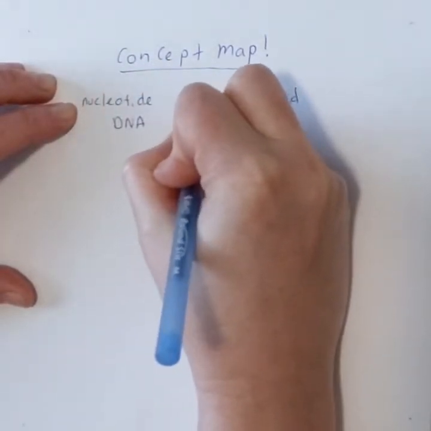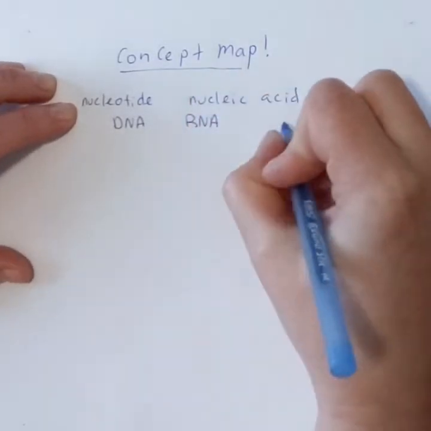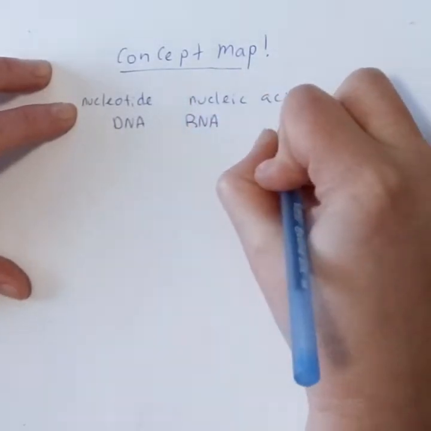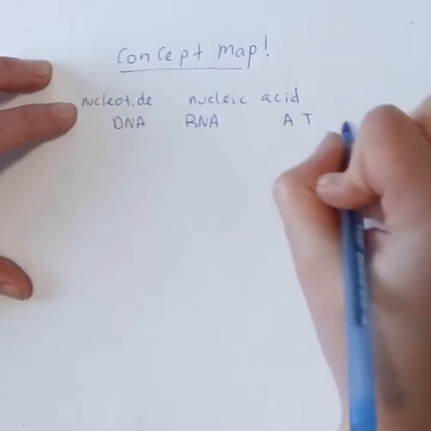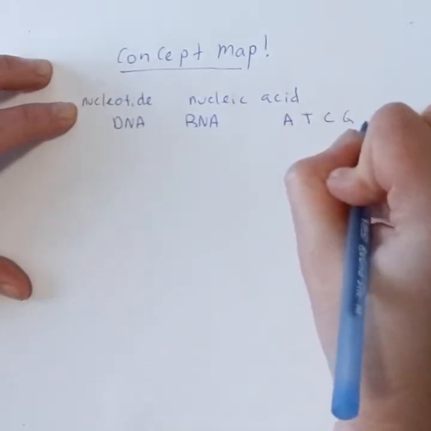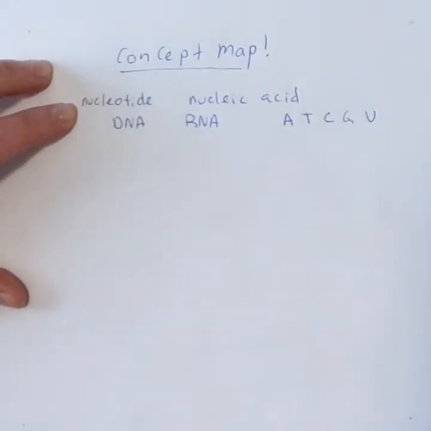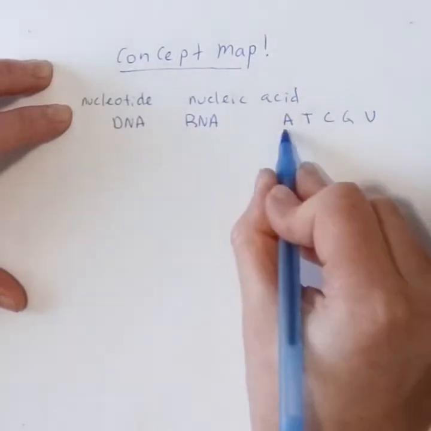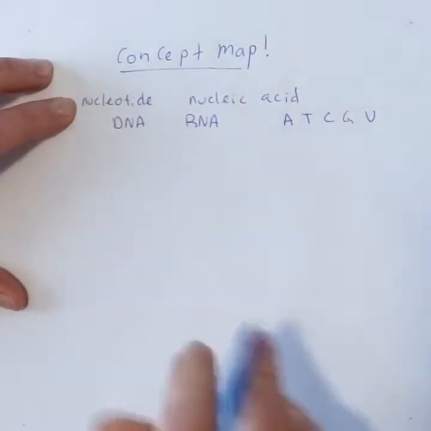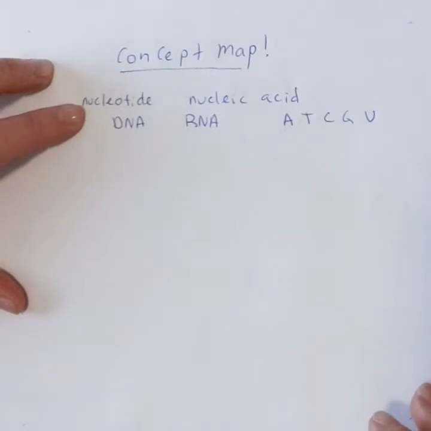We have RNAs in that group. We have like adenine, thymine, cytosine, guanine, uracil. So already, and I'm using the abbreviations here, but already a ton of vocab being involved in just this one type of biological molecule.